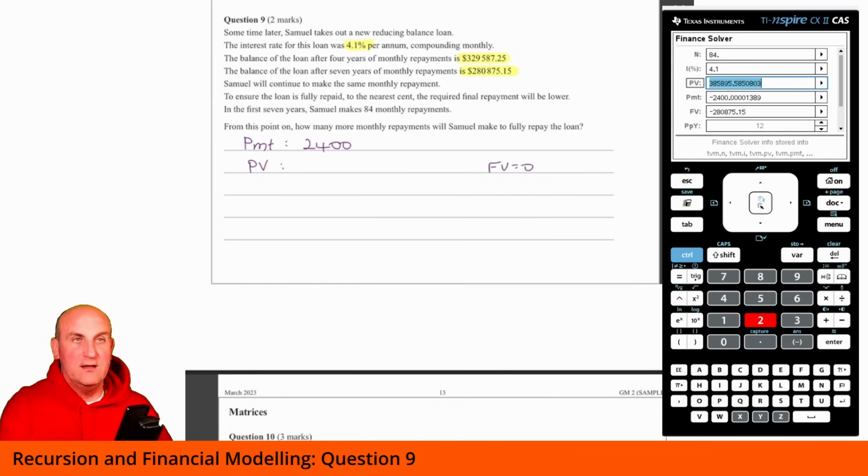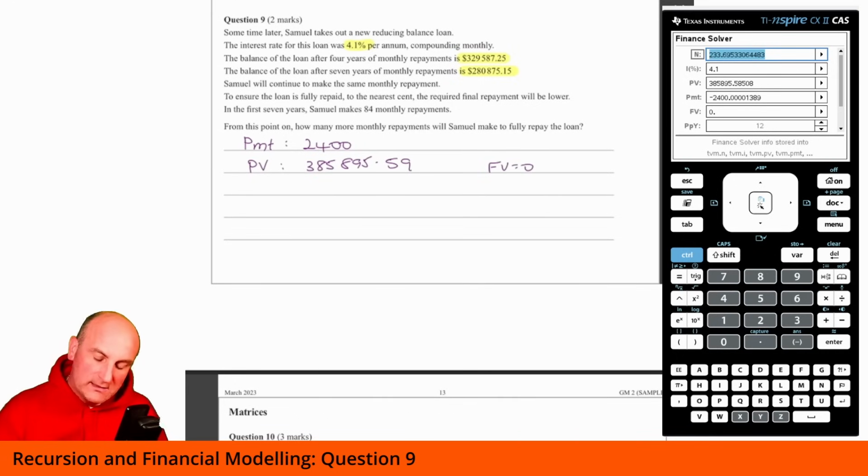If I now hit enter, my principal value, oh, there we go. So that actually works out my principal value, which was 385,895.59. Okay, I want my final value to be 0, so I need to work out what my number of payments was. Oh, 234 payments. So I now know that N was 234.